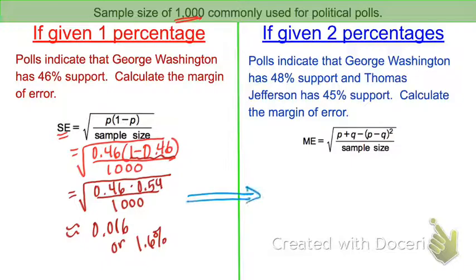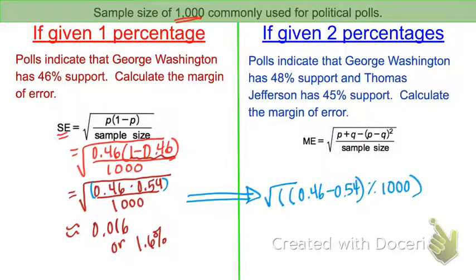As a side note, the way I put this in my calculator, I see students make this mistake all the time. So what I would tell my calculator is square root symbol, and then I would enter the numerator, and then I want to do the division symbol and put the denominator. So I'm going to put 2 sets of parentheses. So I'm going to put the 0.46 minus 0.54 here, and then the division symbol, and the 1,000 here, and then the end parentheses.